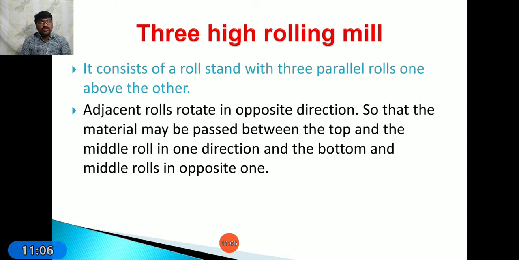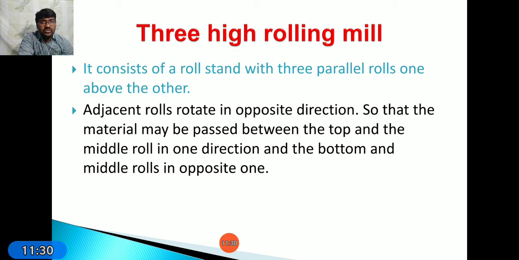Suppose it consists of three rolls: the first two rolls will rotate in opposite directions, same as in the case of the two high rolling mill, and the bottom two will rotate in the opposite direction to the first two. Like that the arrangement is made.